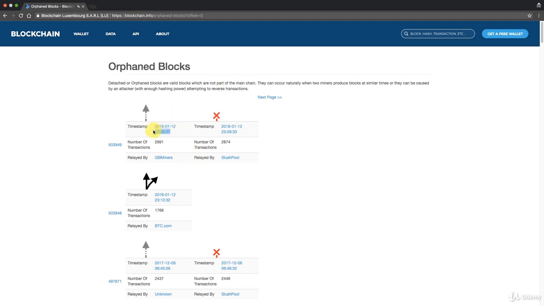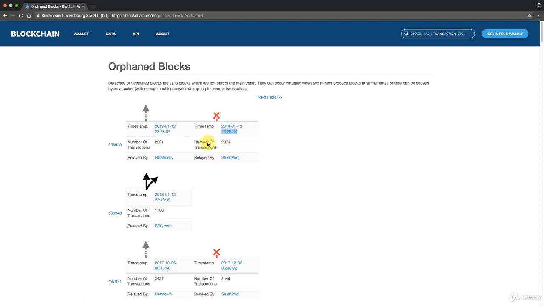What happened is at 23:28:07, GB miners found the next block. But at the same time, at 23:28:33, which is about 26 seconds later, Slush Pool, remember that mining pool in Czech Republic? They also found a block.